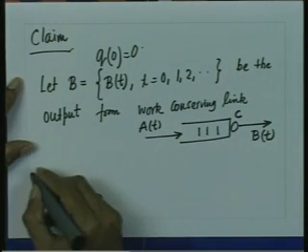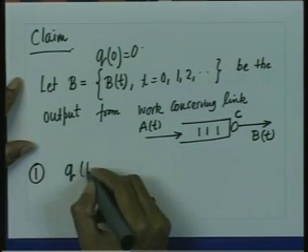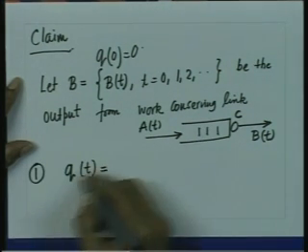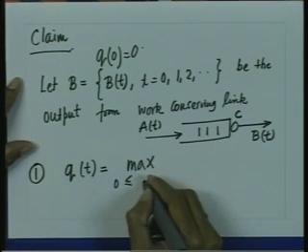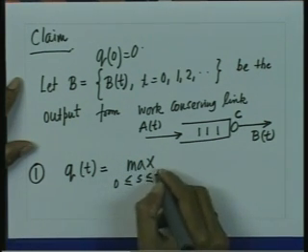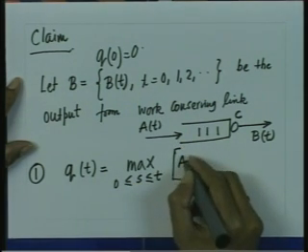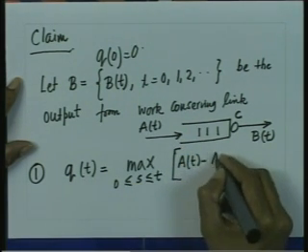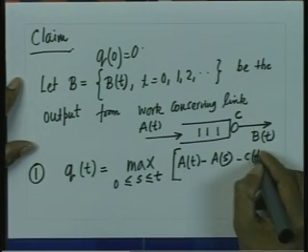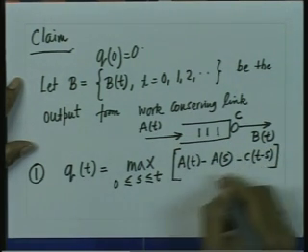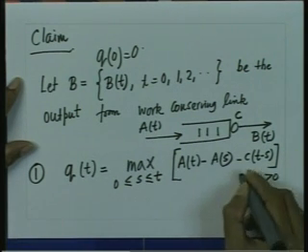Now we want to prove two results. One result is that Qt is given by the maximum over s from 0 to t of At minus As minus C into (t minus s), for all t greater than 0.